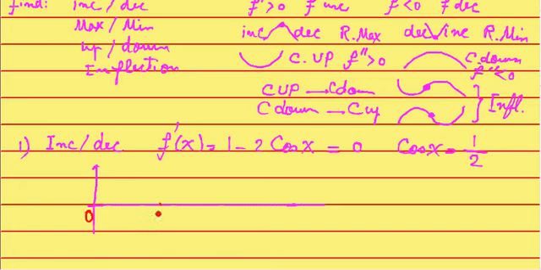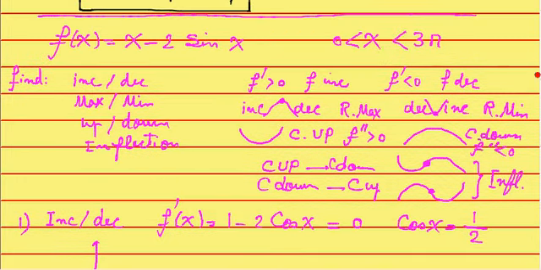Suppose this is say pi over 2, pi, 3 pi over 2, 2 pi, 5 pi over 2, and then finally 3 pi.